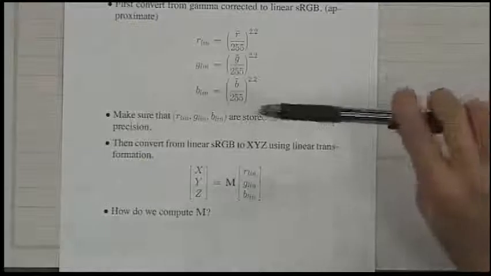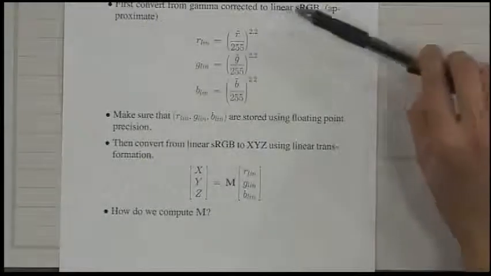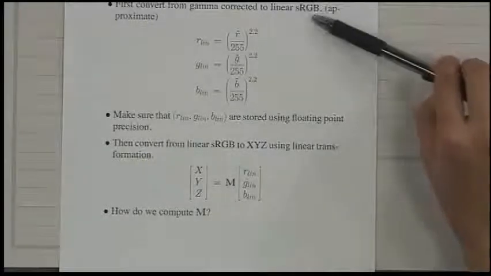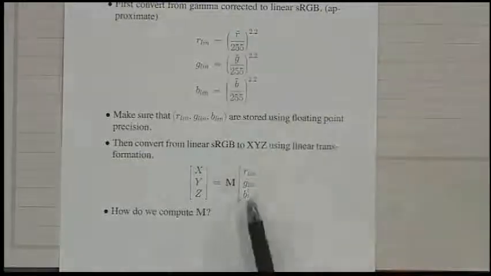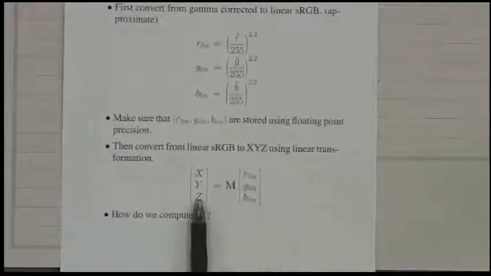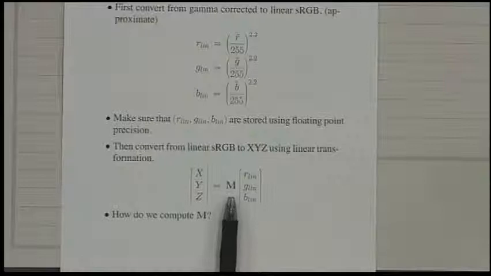After we convert the sRGB data to the linear energy space, then we need to compute the XYZ through a linear transformation.